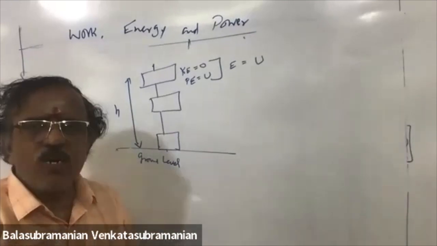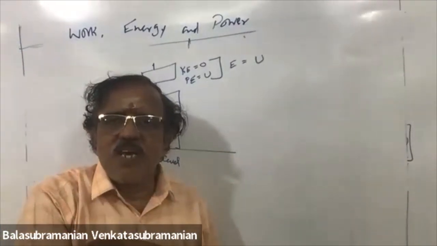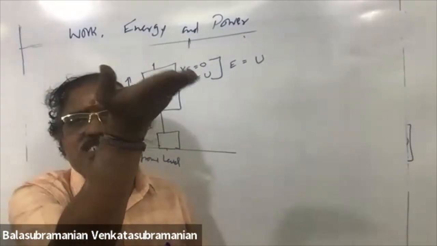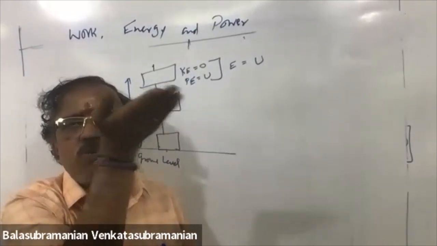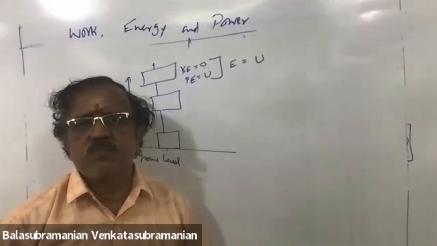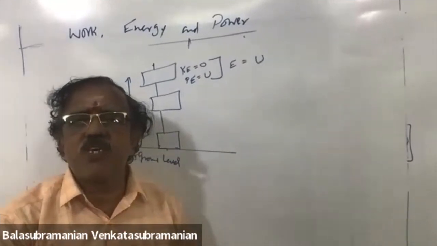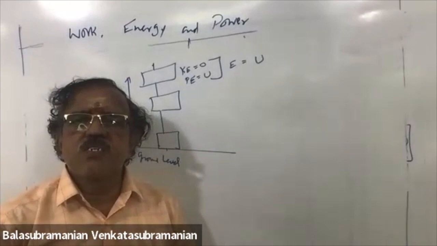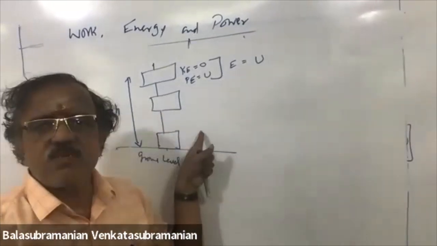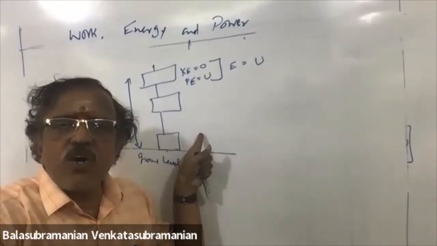At the maximum point, you are throwing an object, the velocity goes on decreasing, at the highest point velocity becomes 0, so the body is coming down. So potential energy means velocity is, in this case, going on decreasing.